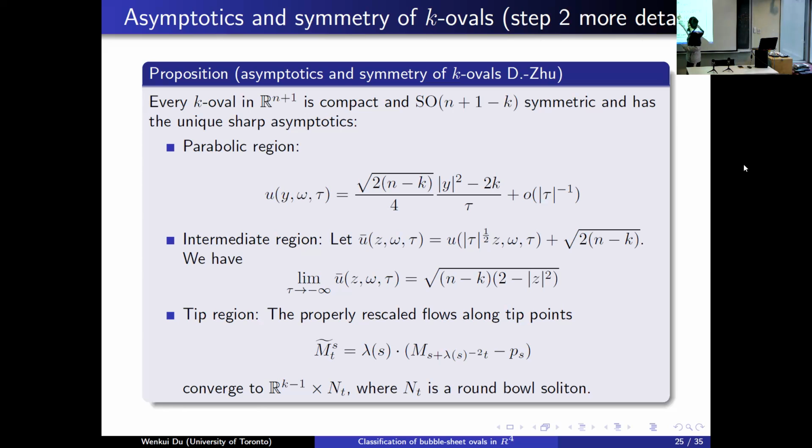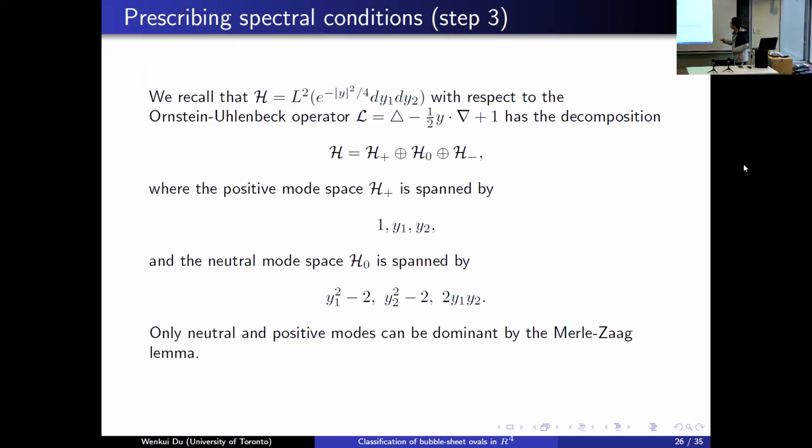If we renormalize it a bit, its asymptotics looks like an ellipsoid. The height along the rotationally symmetric direction is square root of 2, I think. Then in the tip region, after we rescale and blow up, we will see some R factor times the 2D oval, the 2D translating bowl. Then we obtain the full asymptotics of this 2-oval.